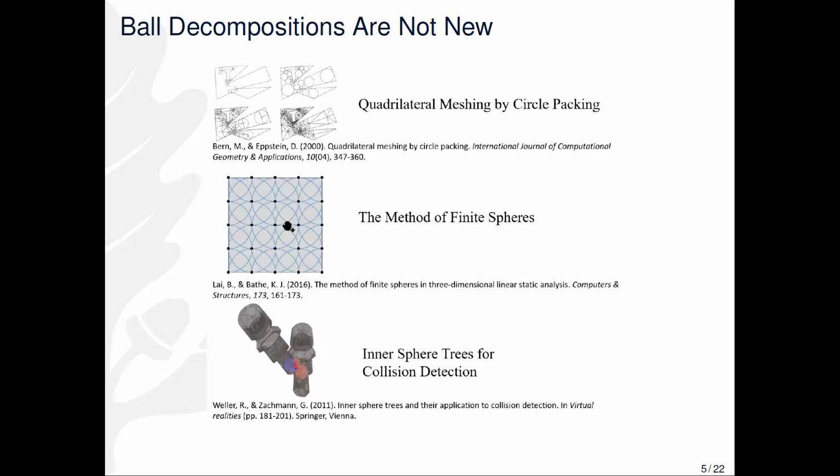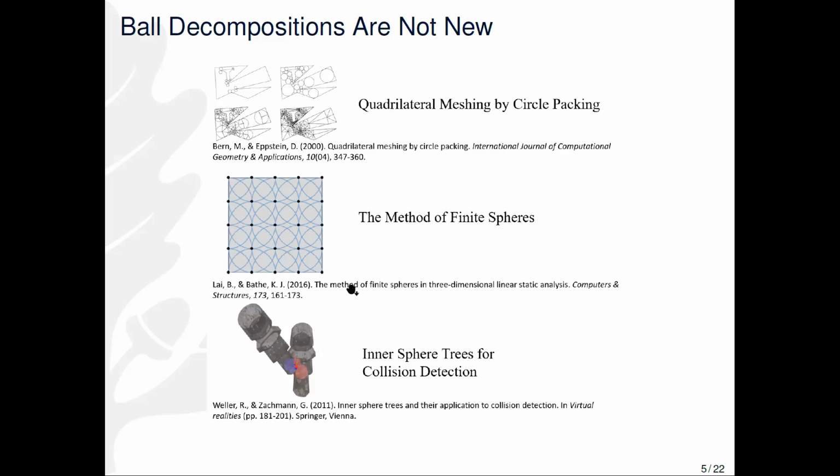We noticed that ball decomposition has been studied for a long time, and many methods and applications have been developed on it. For example, quadrilateral meshing by circle packing, the method of finite spheres, a kind of mesh-free method to solve boundary value problems, and inner sphere trees for collision detection.